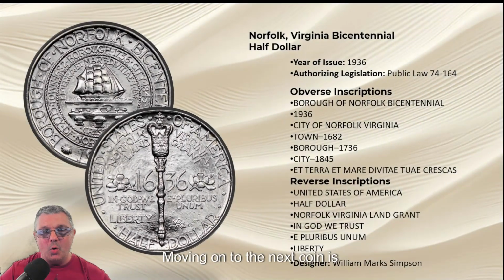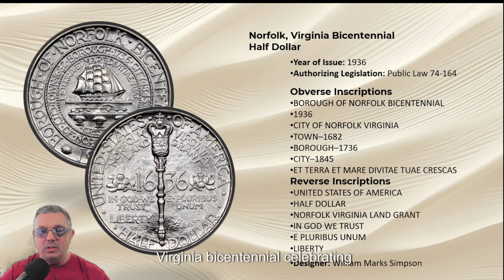Moving on to the next coin, it's probably one of my favorite of the ship coins, but it's a very busy coin. There's a lot of potential area for problems on this coin. So this would be something I would love to have a few of these and look for things like double dies. But this particular one is the Norfolk, Virginia bicentennial, celebrating the 200th anniversary of Norfolk becoming a borough.